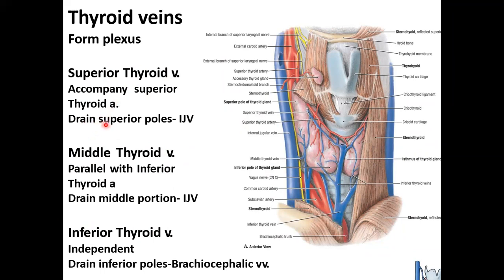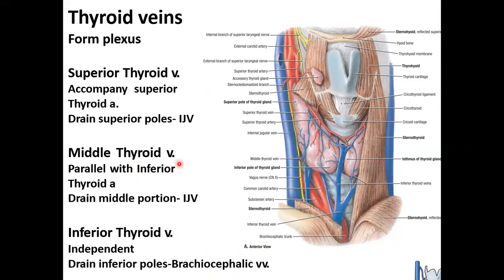Your superior thyroid vein drains the superior poles, and it drains into your internal jugular vein. The inferior thyroid vein is independent, and it drains the inferior poles, and it drains into your brachiocephalic veins. So superior thyroid vein drains into the IJV. Inferior thyroid veins drain into the brachiocephalic vein.